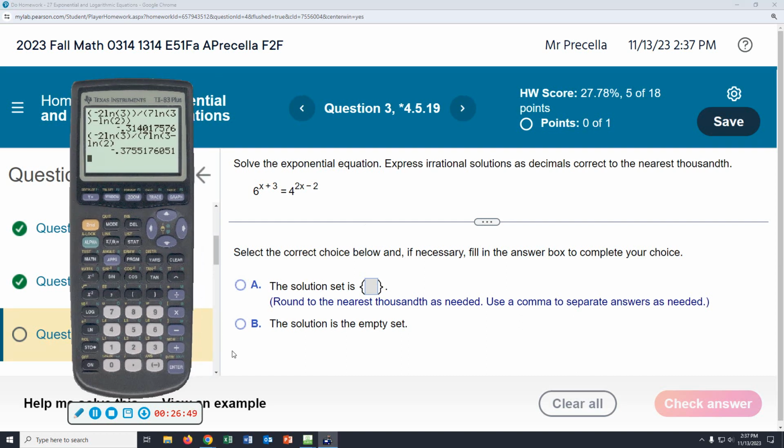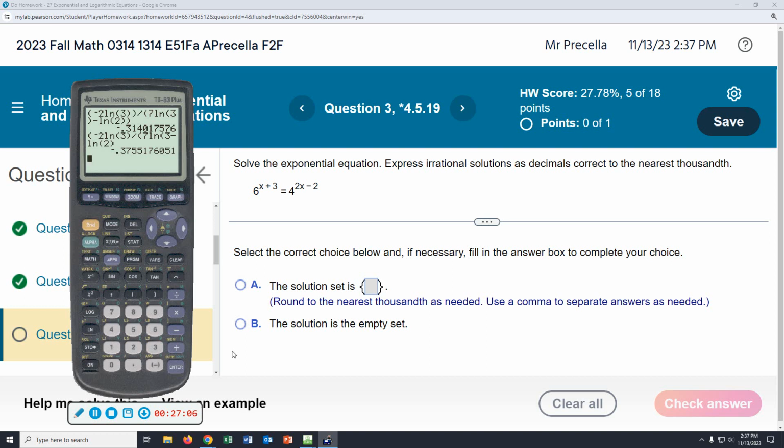Okay. So come over here. Over 3. 6 to the x plus 3 power equals 4.